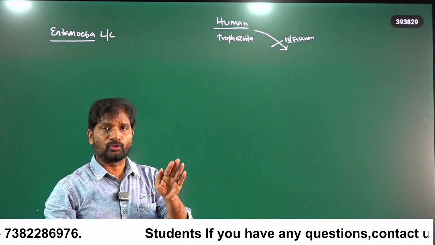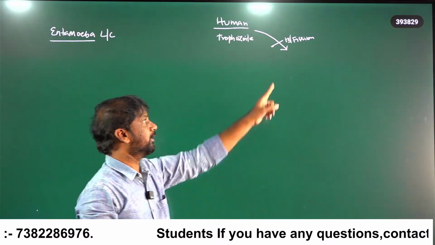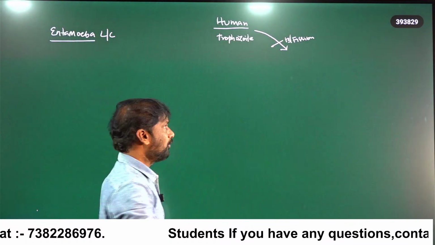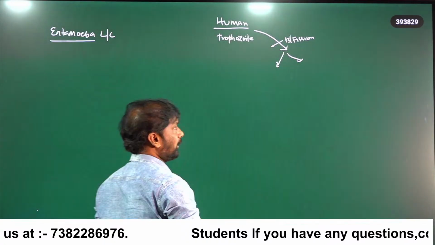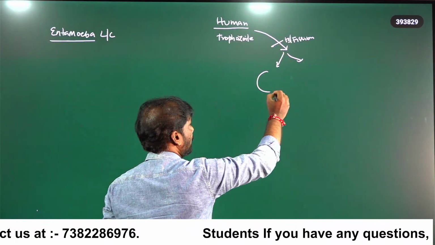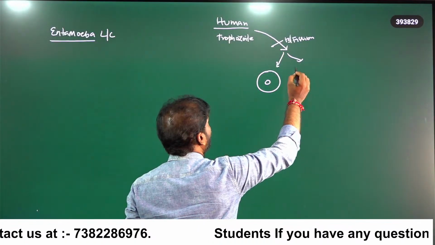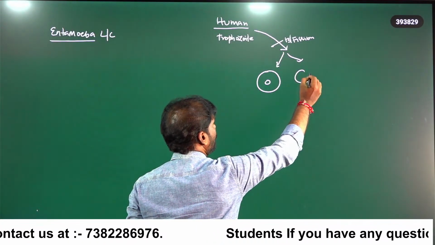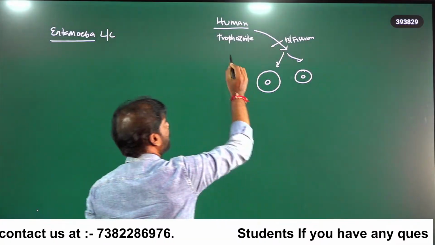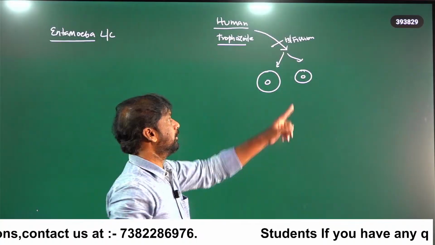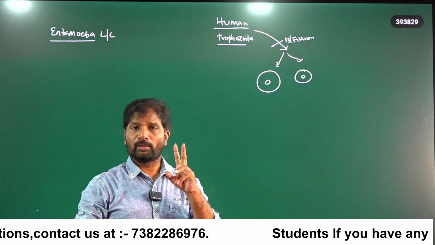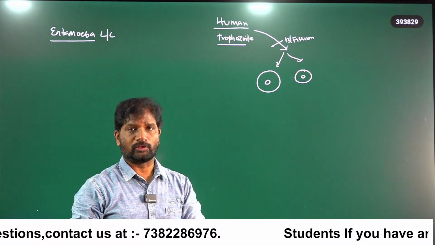This trophozoite undergoes binary fission and forms two daughter individuals.